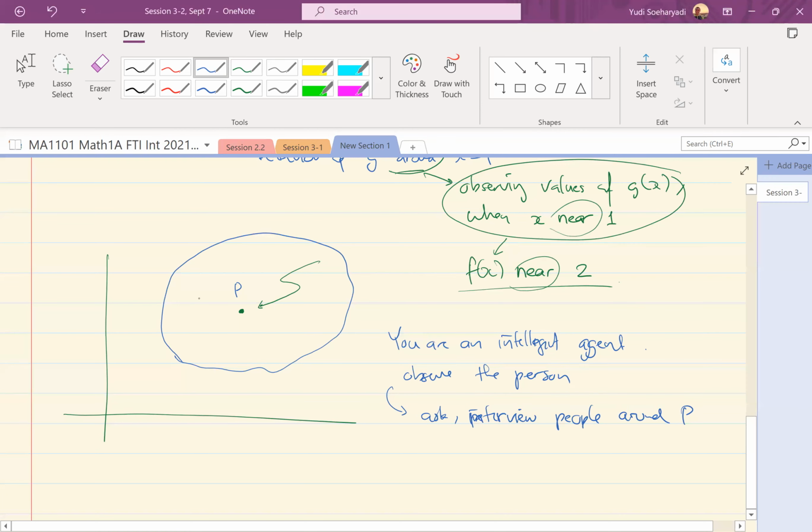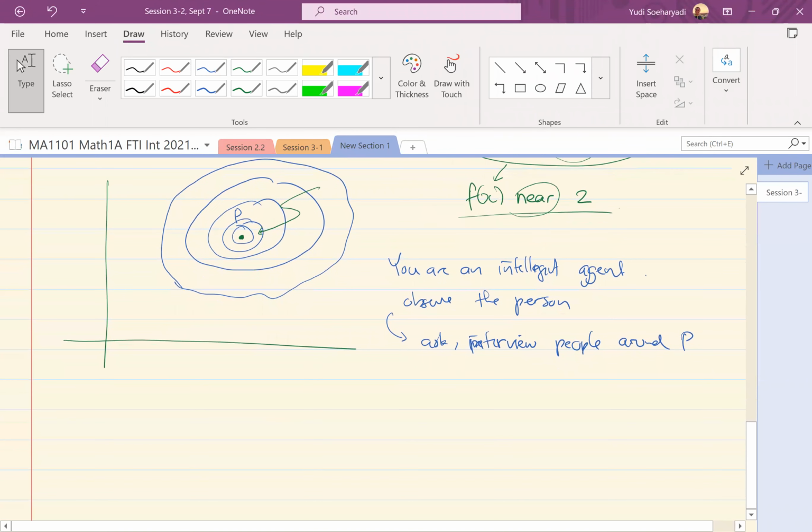So getting closer, getting closer, getting closer. Hopefully you can gather information that gets closer, and so with the hope that you gather information about P from the observations.